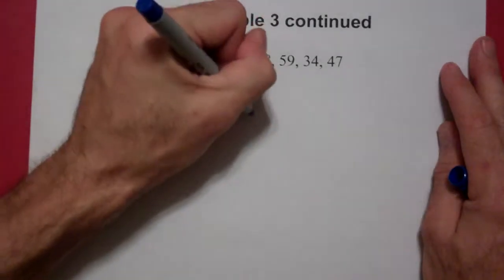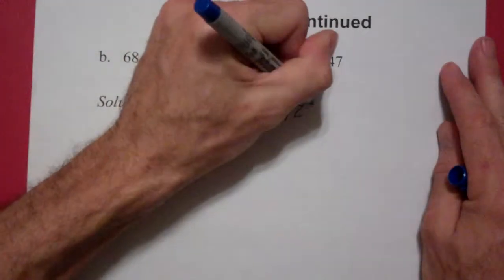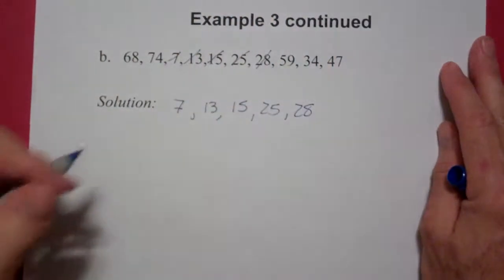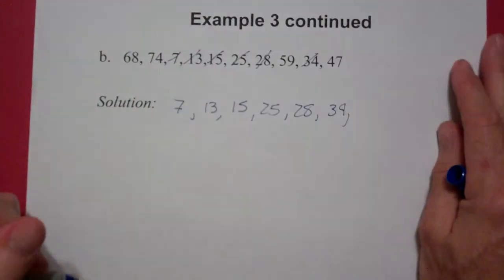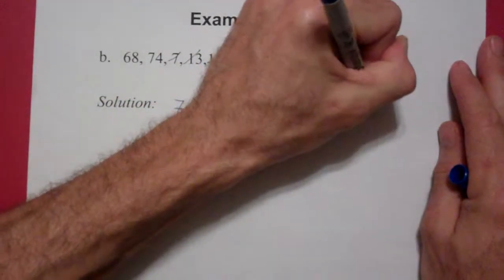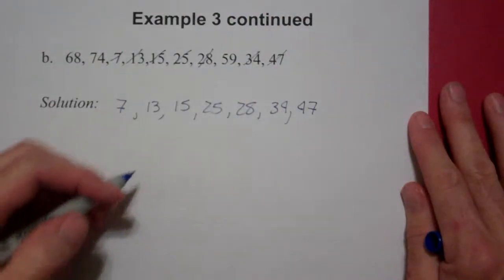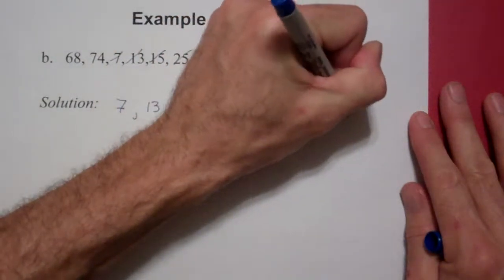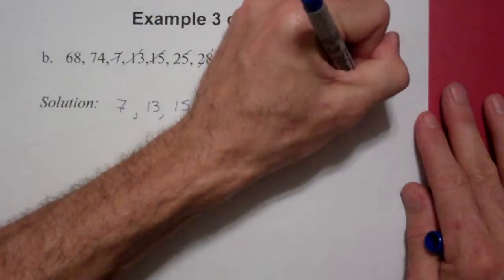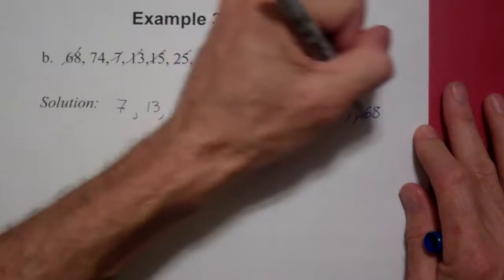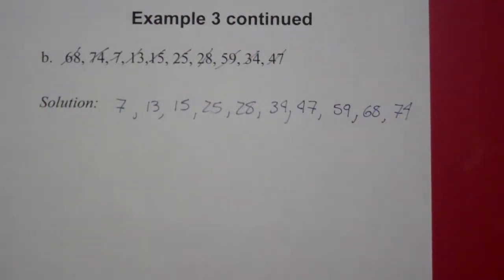And then 25, 28, 34, 47, 59, 64, 68, 74. Right? So there's the data.